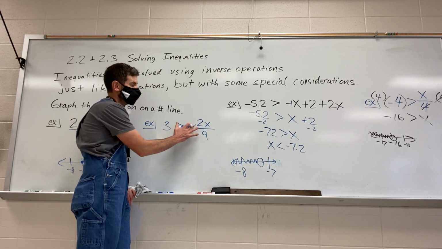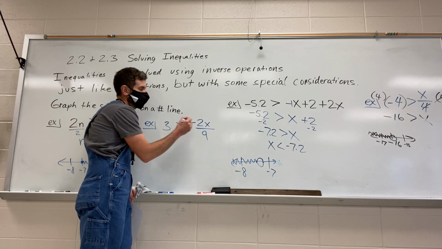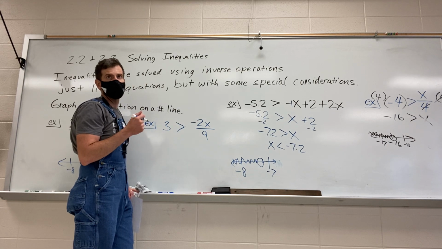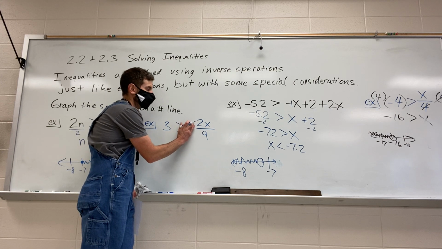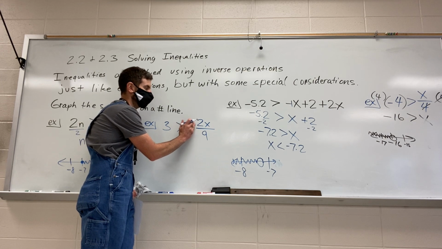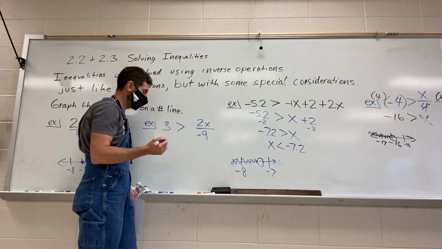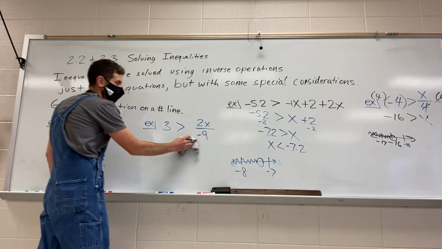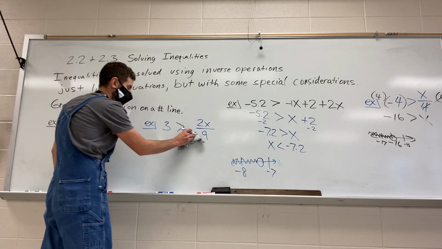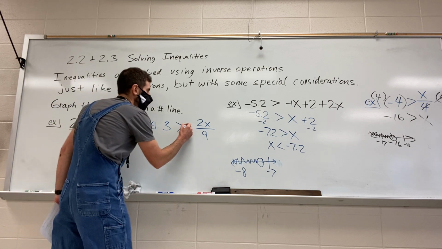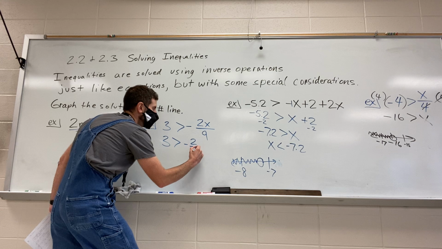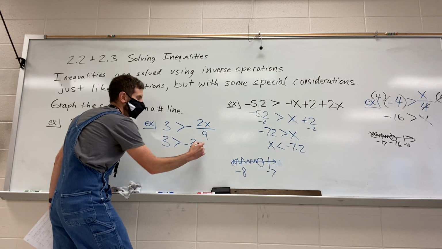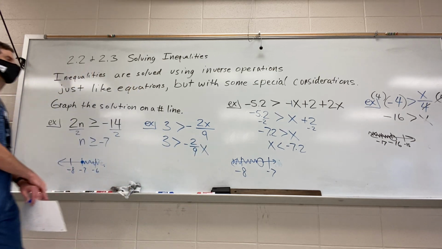You could think of this as negative 2x divided by 9. You could also think of it as 2x over negative 9. You could also think of it as negative 2/9 x.